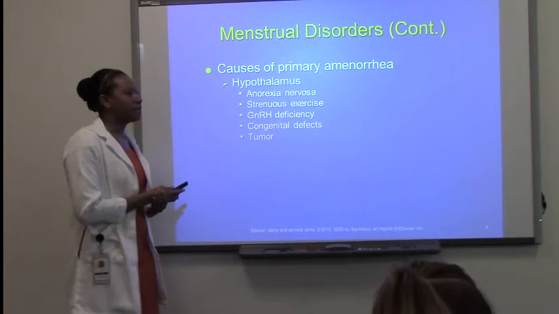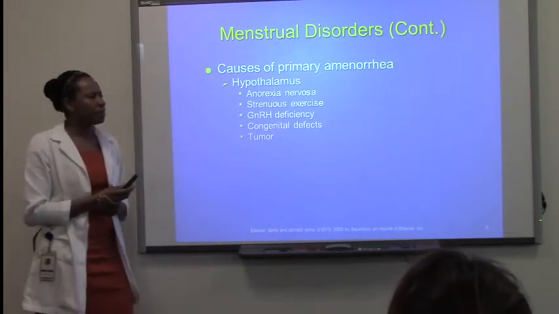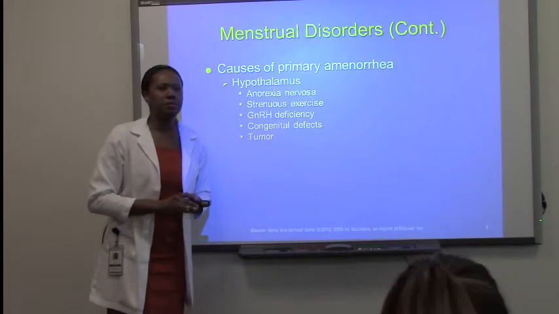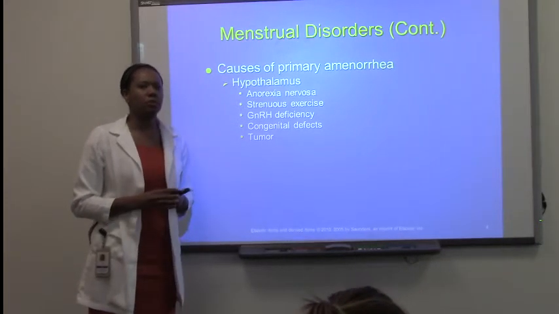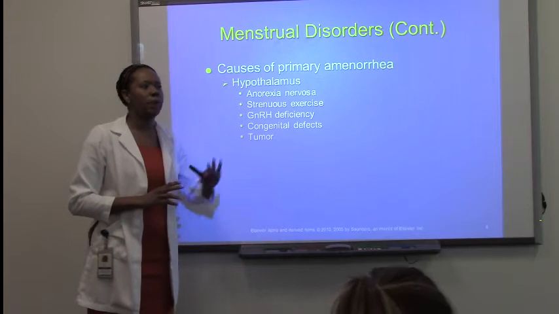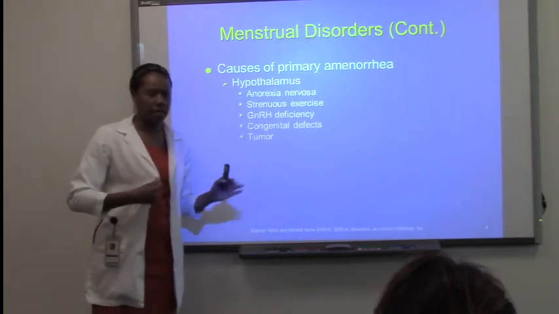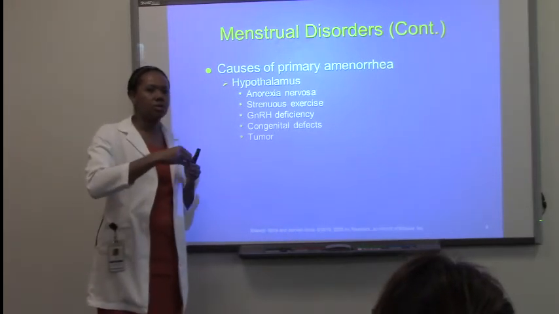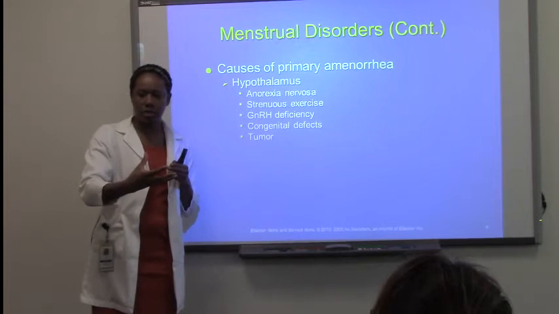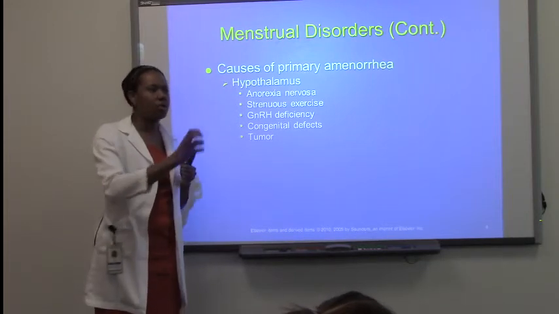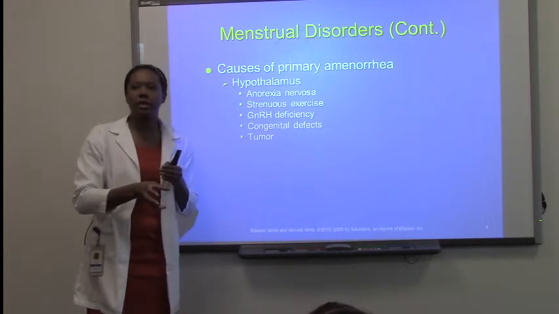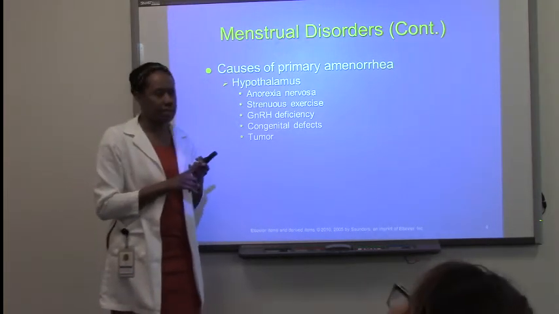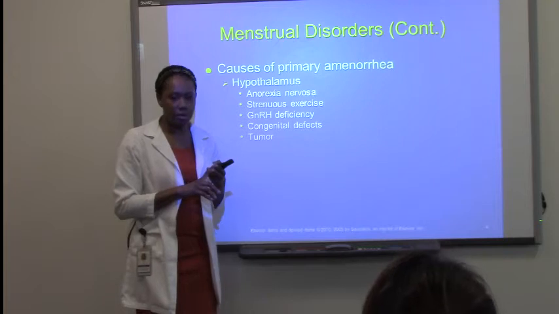Now, hypothalamus. Hypothalamus, please keep in mind, is extremely important here. And what sometimes people do forget, and we have to go back to physiology, is that the hypothalamus will secrete its particular hormones that now act on the pituitary gland. The pituitary gland will then secrete FSH and LH. Does this sound familiar?